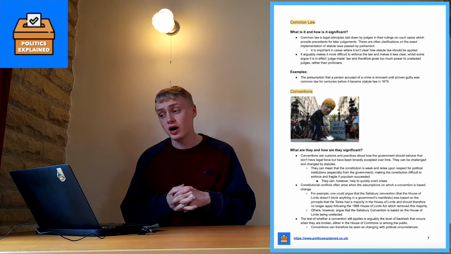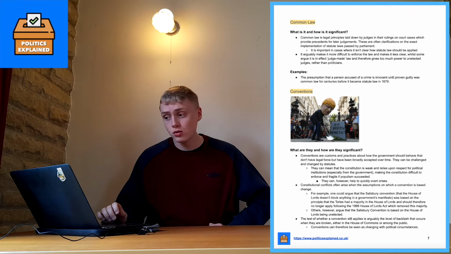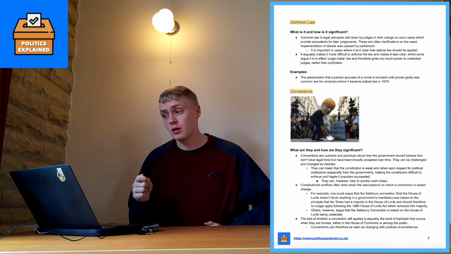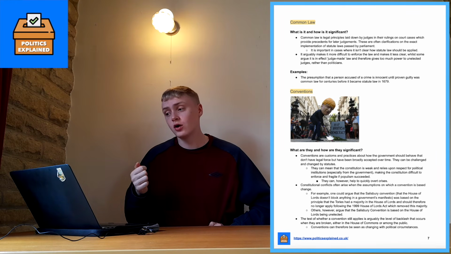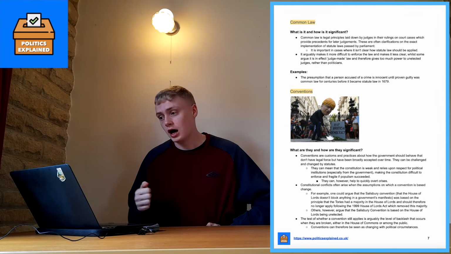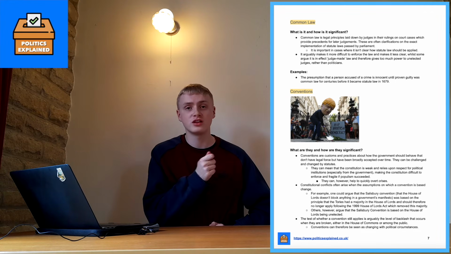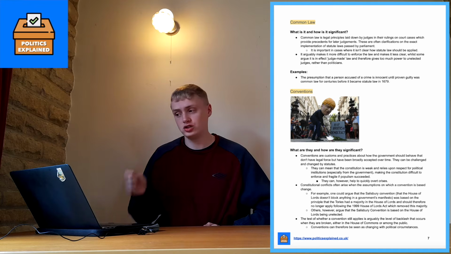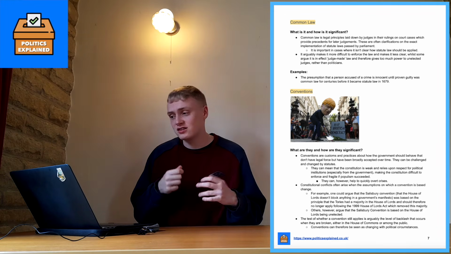Constitutional conflicts often arise when the assumptions on which a convention is based change. So, for example, the Salisbury Convention, which is that the House of Lords doesn't block anything in the government's manifesto. In terms of the assumptions this was based on, it could be argued that this was based on the principle that the Tories had a majority in the House of Lords and therefore shouldn't be able to block anything that the government, like a Labour government in a manifesto, wanted to pass.